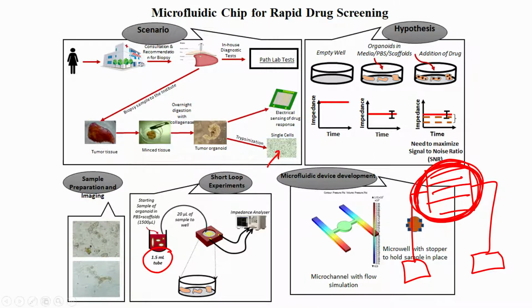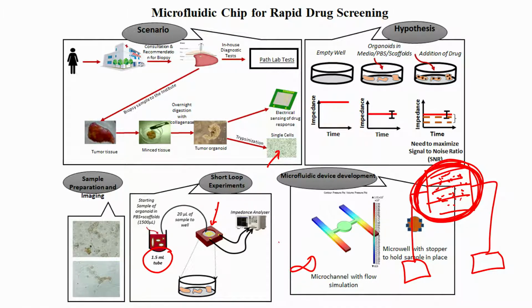There is a well, which you can see here. I will put cells on this particular chip with some material. Initially, when there are no cells, my impedance is infinite. When there are some cells, I will have some impedance.